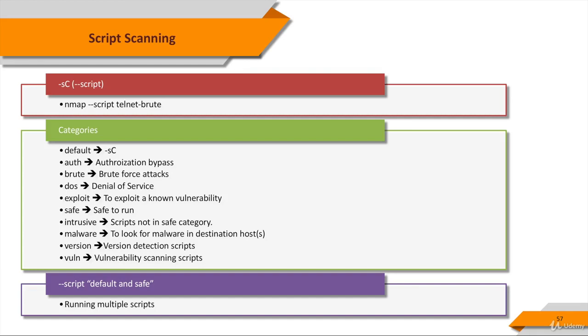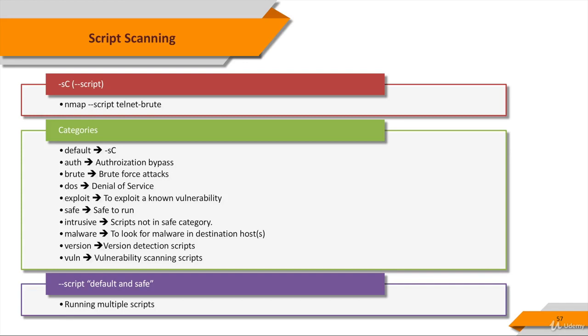Auth scripts deal with authentication credentials, or coincidentally bypassing them, on the target system. Examples include oracle-enum-users. Brute scripts use brute force attacks to guess authentication credentials of a remote server.